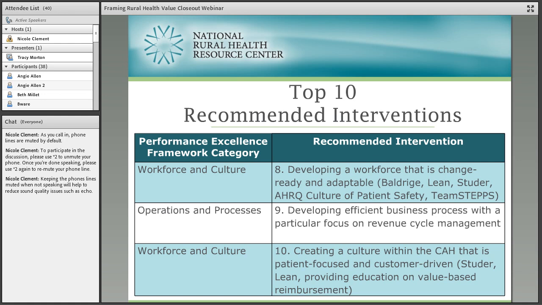One example is a Lean coordinator within one of my CAHs who was diverted to work pretty much full-time on their EMR implementation. So sometimes some of their Lean facilitators who are hospital employees get diverted, but I believe he's back on the job with Lean, so that's a good thing.